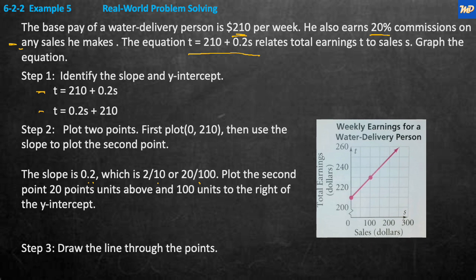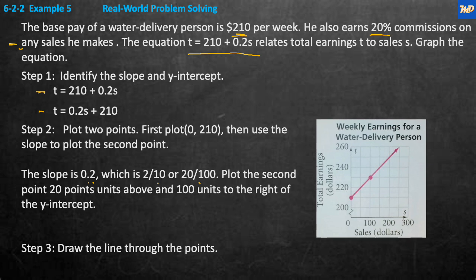Since we're talking about hundreds of dollars per week, we have to get sales in hundreds so that everything kind of matches. So the slope is 0.2, which is 20 over 100. Plot the points, 20 units above the first, right?